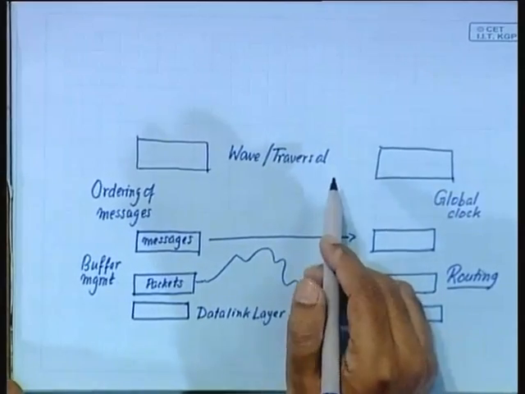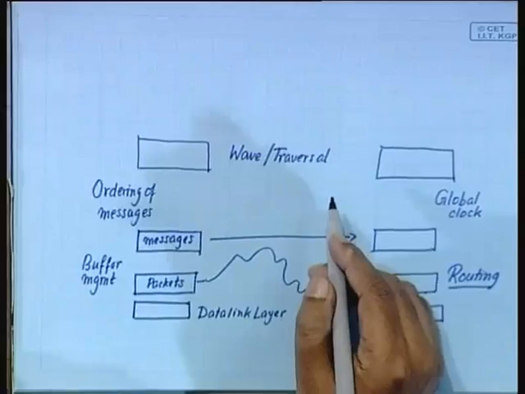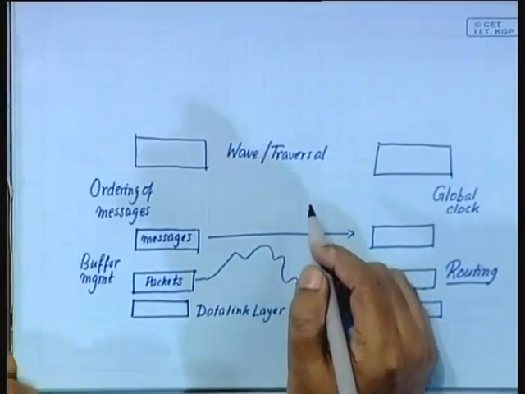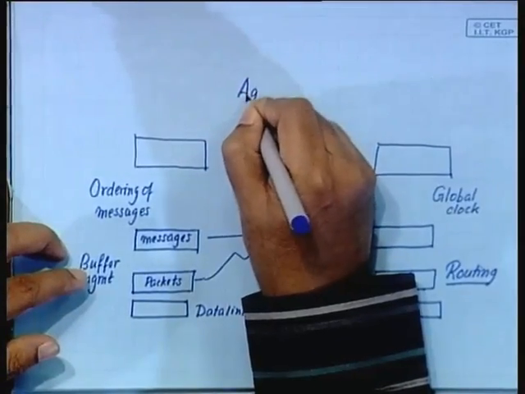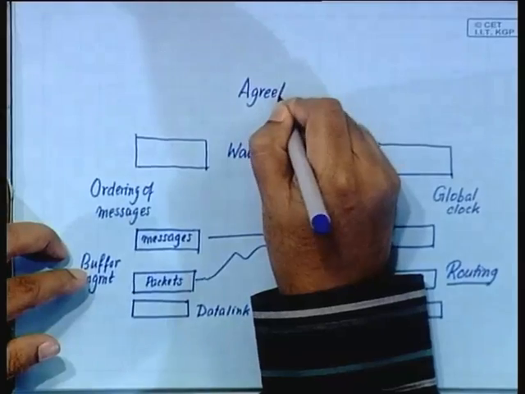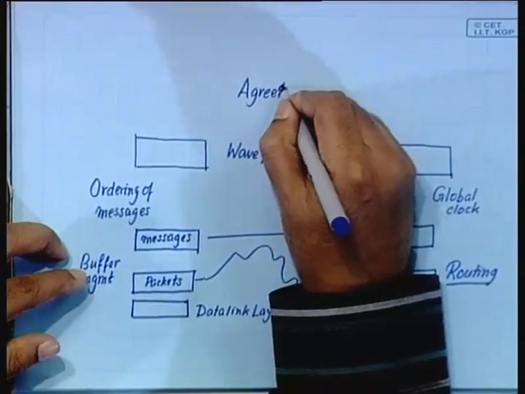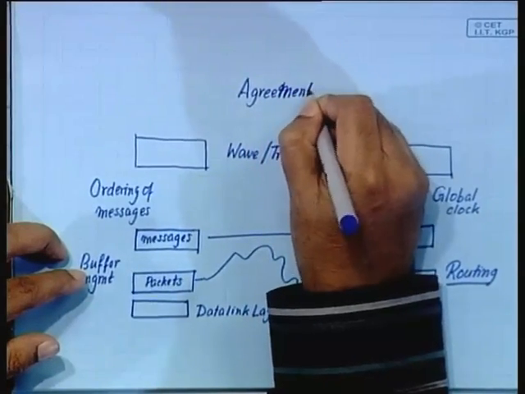And then we are also going to look at knowledge sharing and agreement of knowledge. So we are going to look at agreement protocols. These are very nice and interesting agreement protocols.